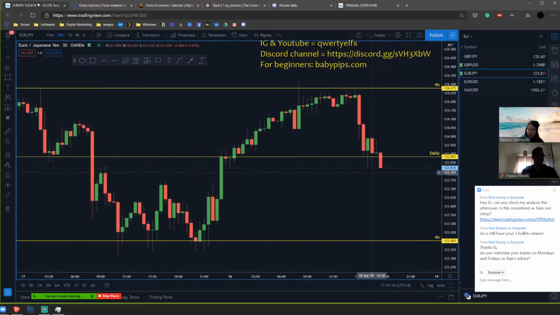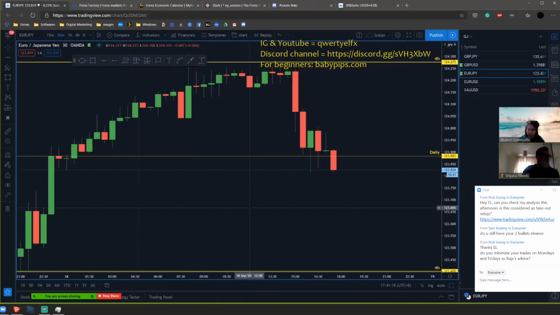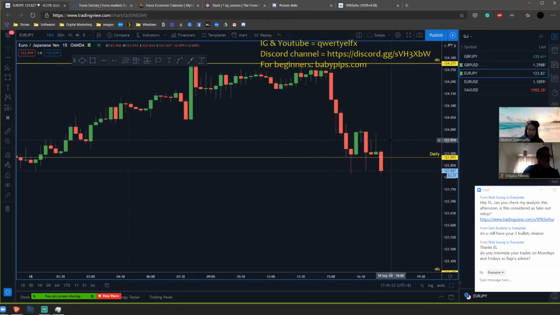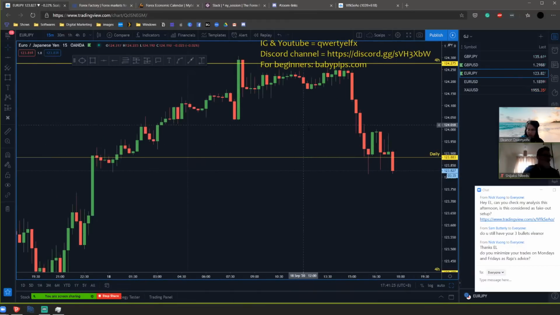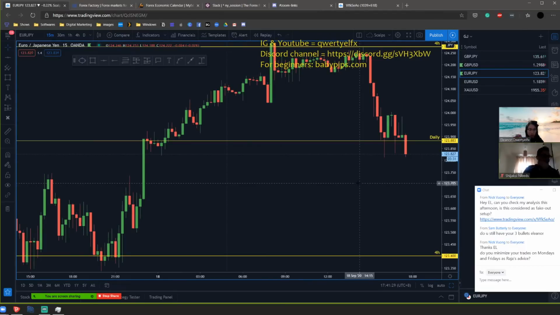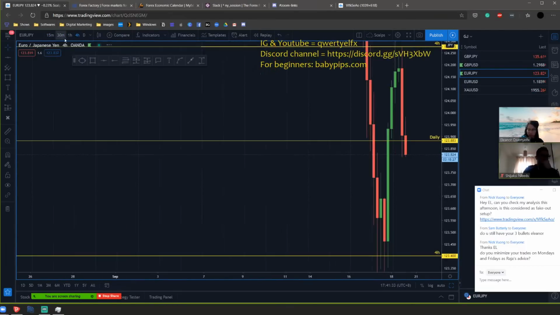Yeah, I think on EJ, right? This 15-minute close here. So basically we have strong short-term bearish momentum, correct? Because the 1 hour and the recent 4 hour close both bearish. Okay.